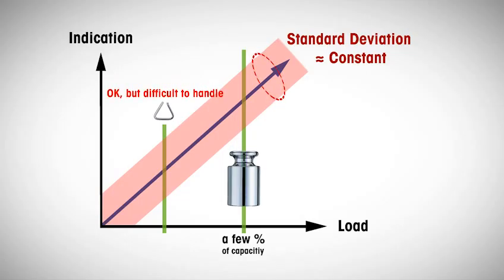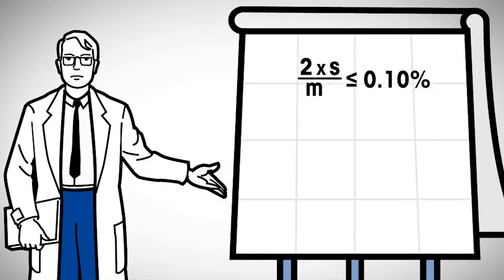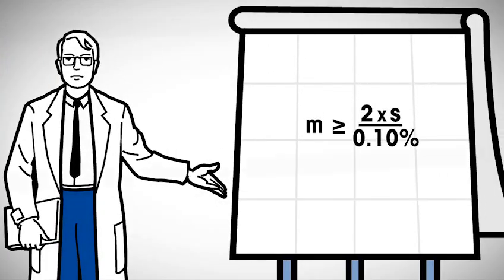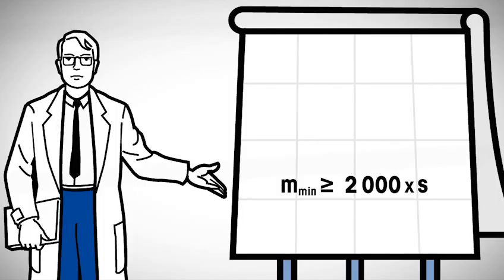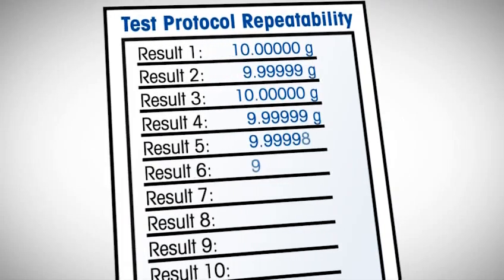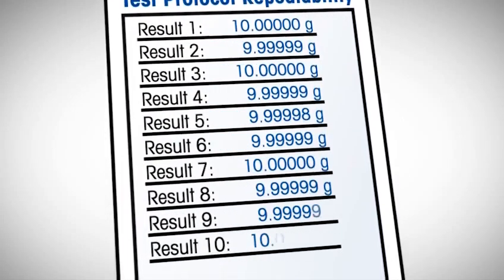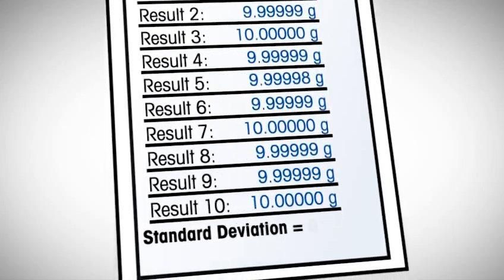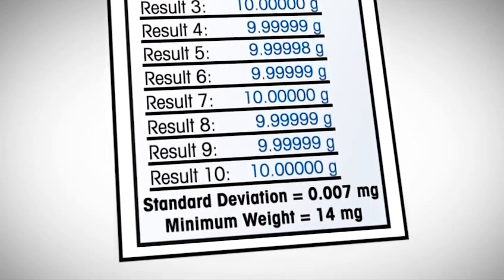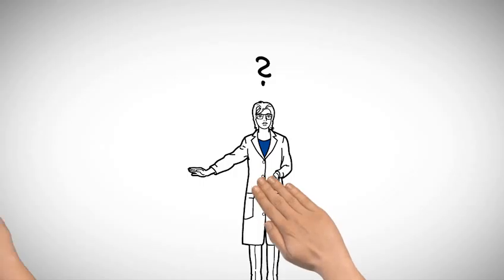Hence, a test weight of a few percent of the balance capacity can also be used to assess repeatability and derive the minimum weight from this formula. Let's make an example. The standard deviation was measured as 7 microgram, so the minimum weight equals 14 milligram.